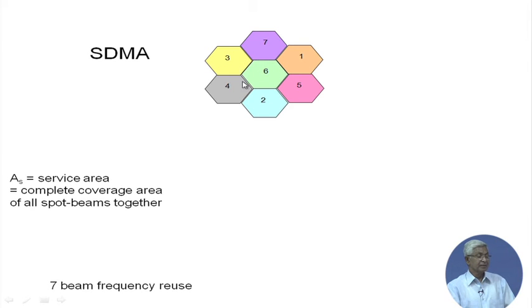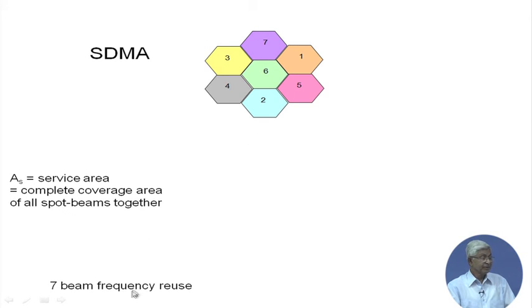In practice the beams will be circular or elliptical, but for simplicity we made them hexagonal for easy understanding. Let's say AS is the total surface area, which may be larger than this, and that is the complete coverage area for all spot beams together.